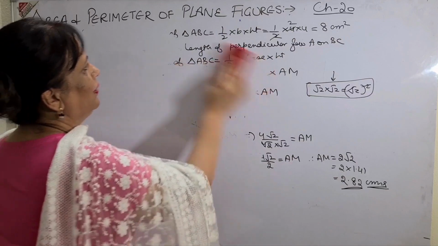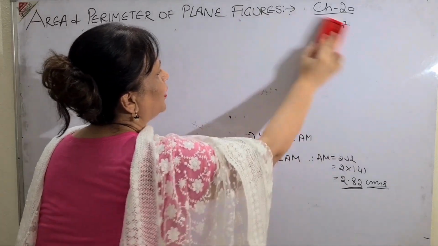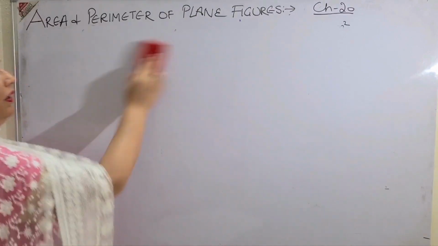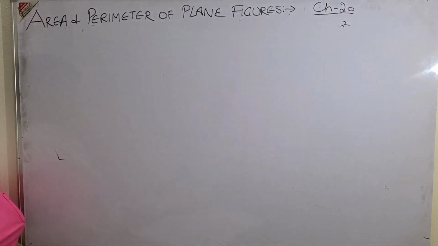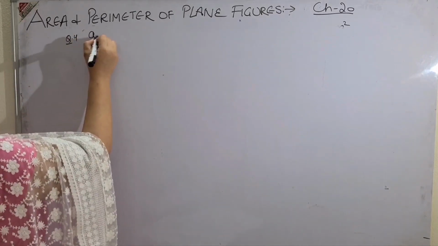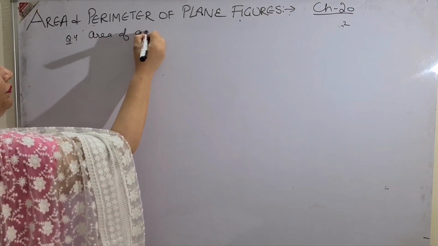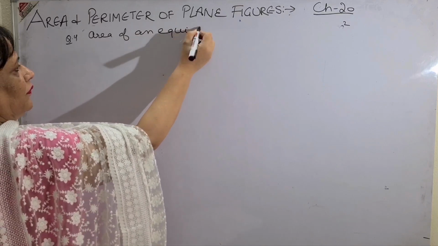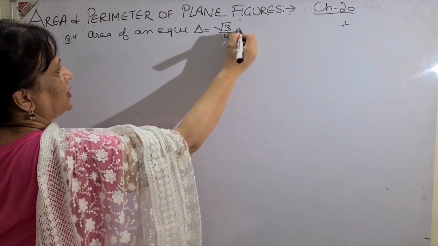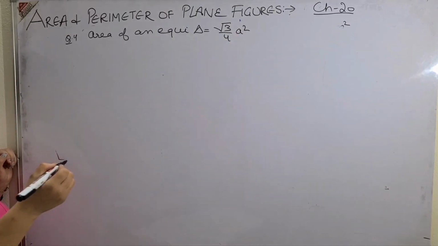It's a very simple one, but I would love to do this sum because I will discuss one sample of each formula with you. Question 4: given that the area of an equilateral triangle is equal to root 3 by 4 a square, which I mentioned before.